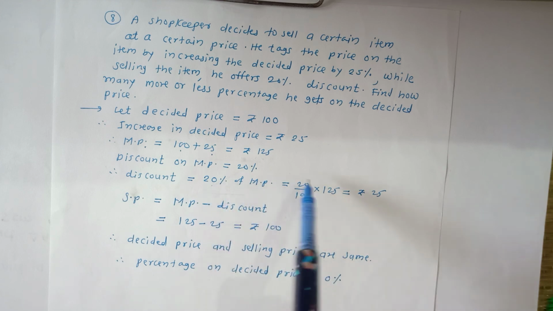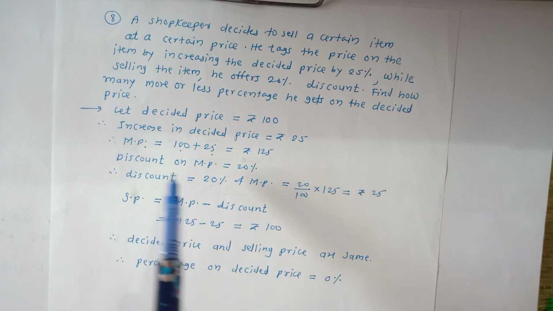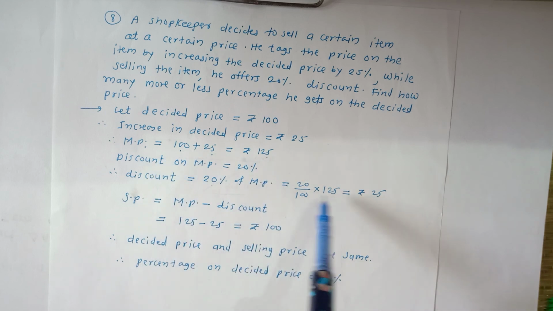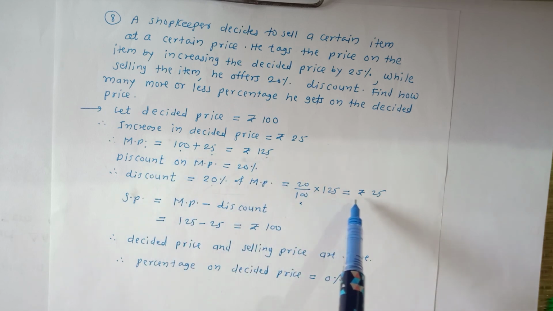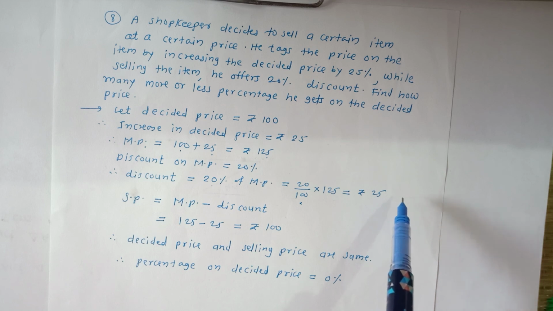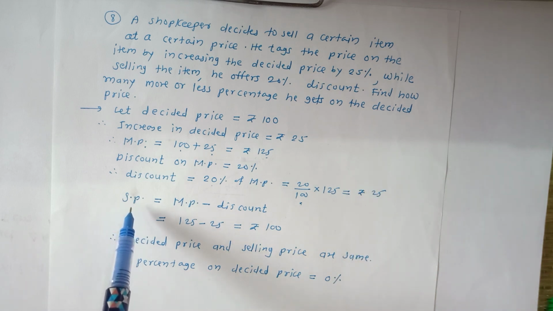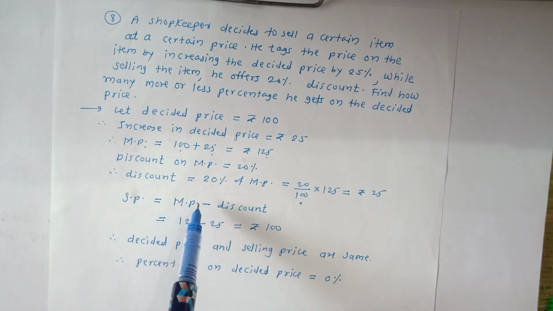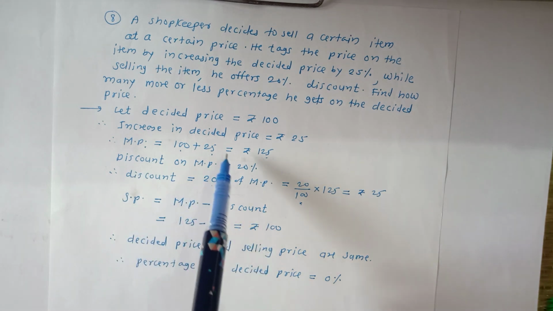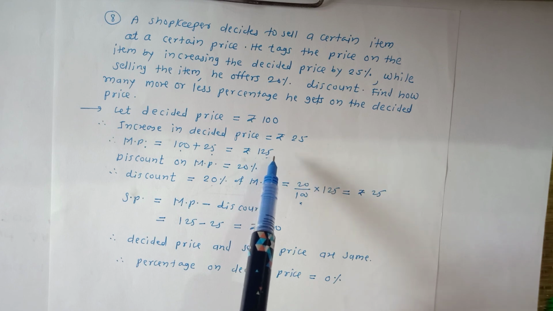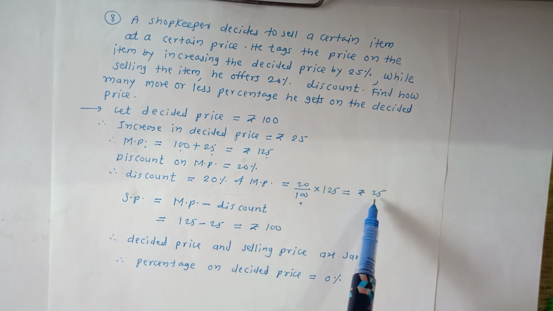So 20% means 20 upon 100. And what is MP here? 125. 20 upon 100 into 125 is equal to 25. 25 is a discount. So we have to find here selling price now. Selling price formula is MP minus discount. What is the MP here? 125. And what is discount here? 25.